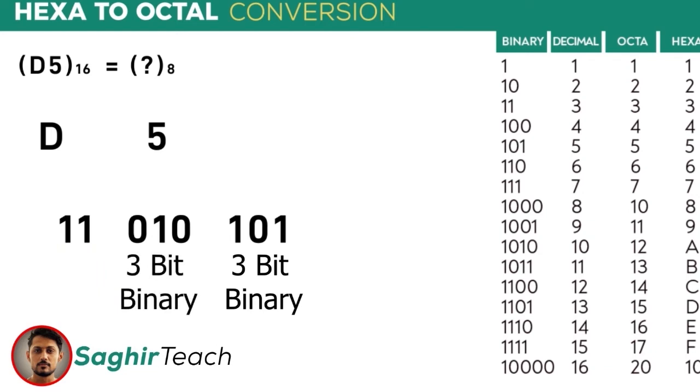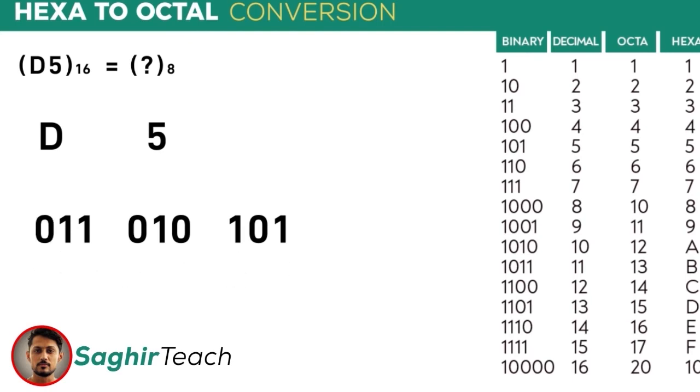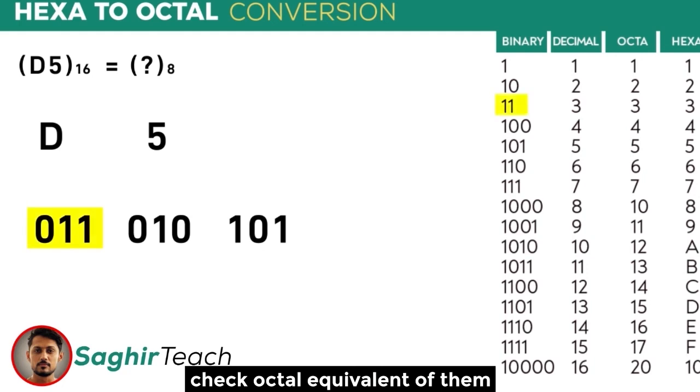And by 3-bit numbers we can find their octal equivalents. 011 is equal to 3 and 010 of binary is equal to 2 and 101 is equal to 5, and we will combine them and this will be our answer.